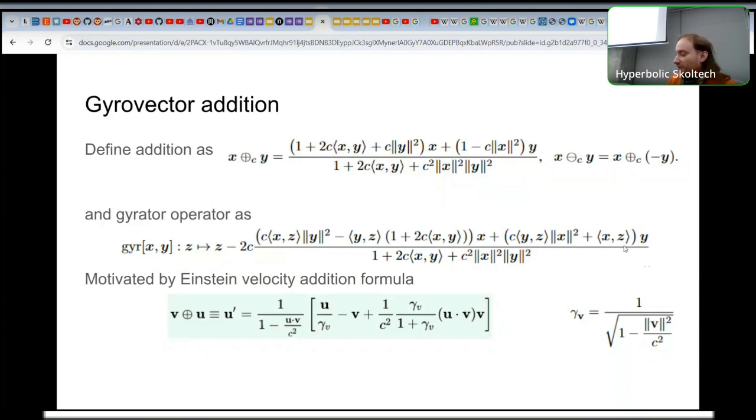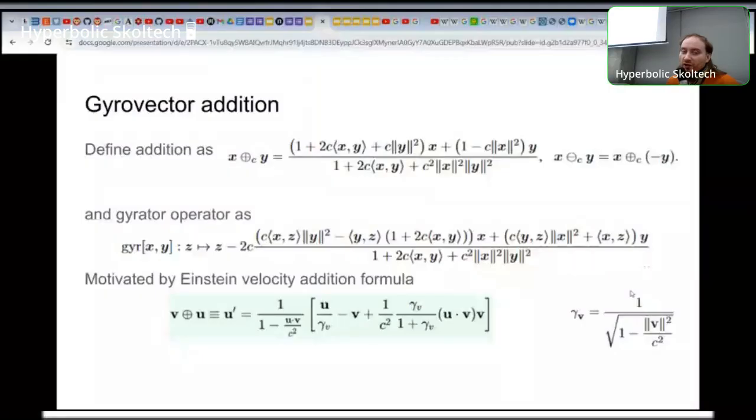In Ungar's books, there are several formulas for the gyrosum and the gyrator operator, and they are different, and he gives translation formulas between them. There are lots of formulas in his articles and books. But that's the computational framework for a hyperbolic neural network.